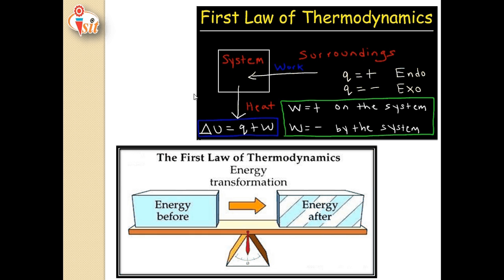If work is obtained from the system, then it is considered negative. Similarly, if heat is supplied to a system, it is considered positive as it is an endothermic reaction, and if heat is rejected from the system, then it is considered negative.